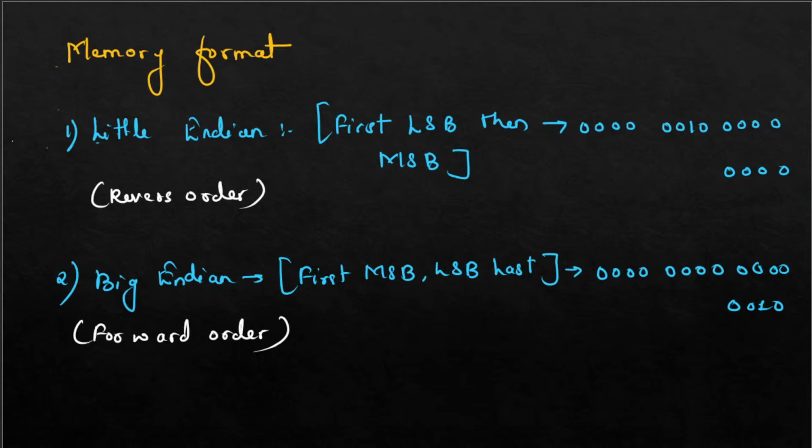Now language. In language, code is there, data is there, and in data, instruction is there, static management is there, programs are there, languages are there. So let's discuss code. There is instruction, state management.